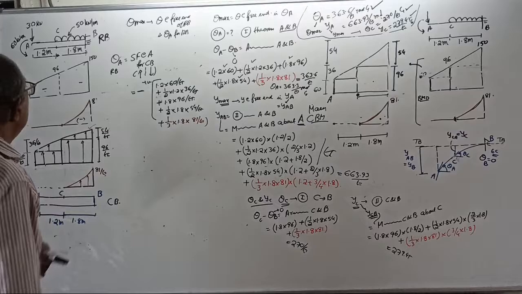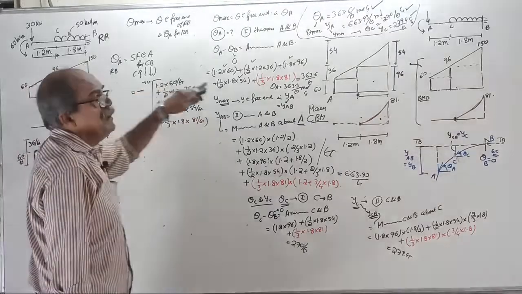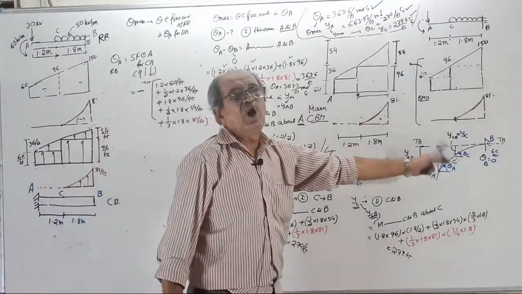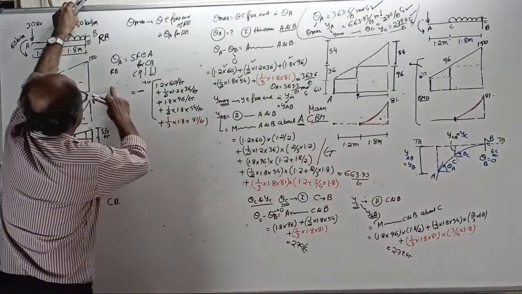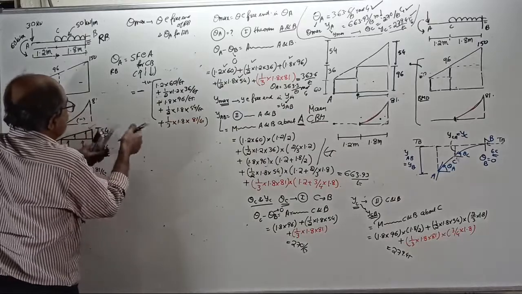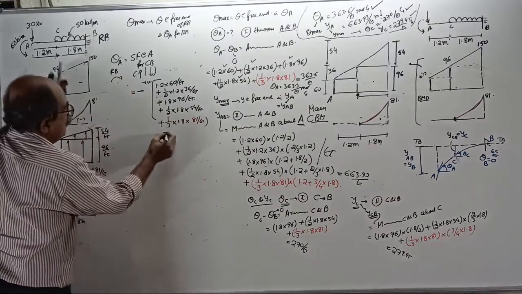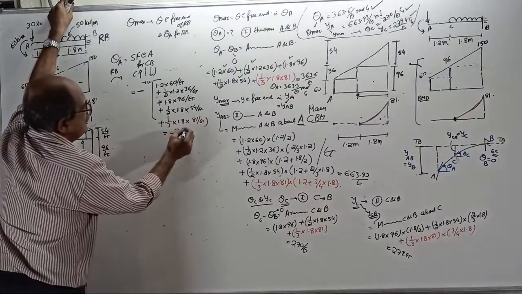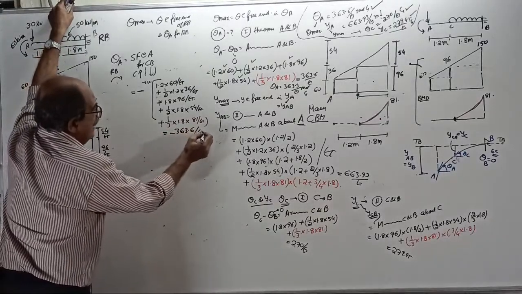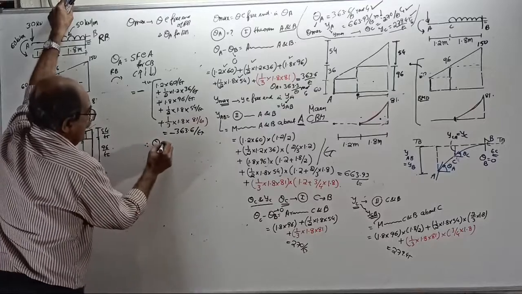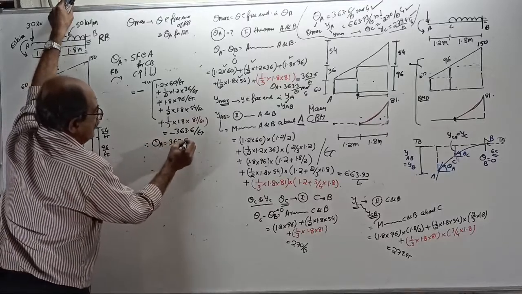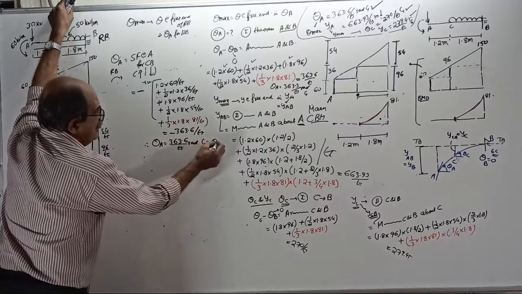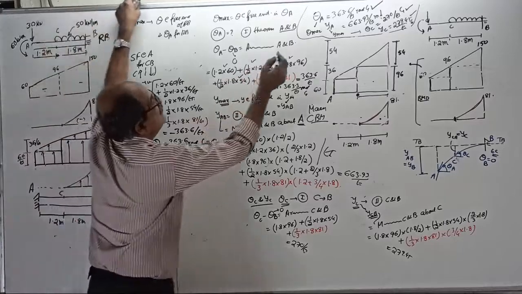Only change is minus is there, because in the moment-area method you don't put minus, you write directly theta is anti-clockwise. In conjugate, theta clockwise is positive. That's why minus came. Clear? Equal to minus 363.6 by EI. Therefore, your theta A equals 363.6 by EI radian anti-clockwise, equal to theta max. Yes, that is the answer.